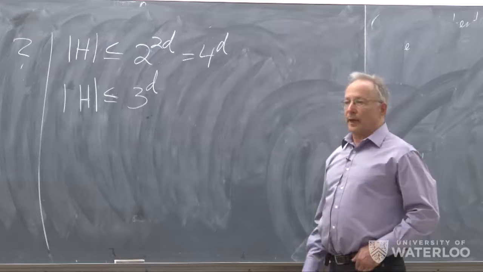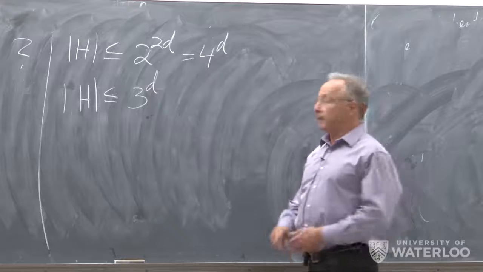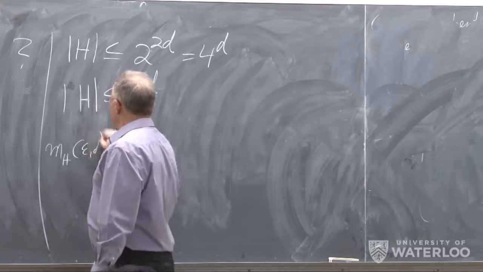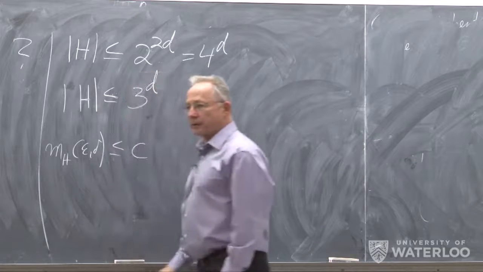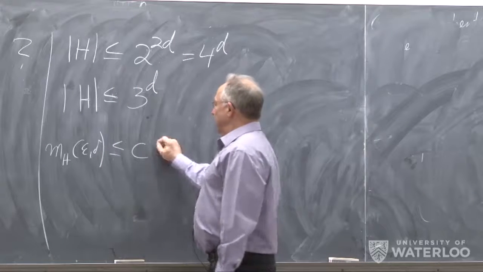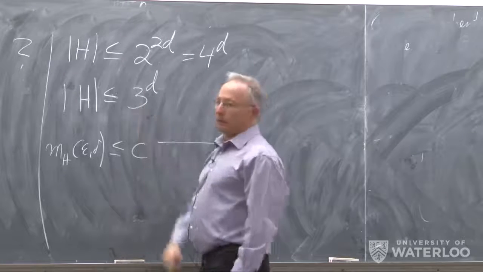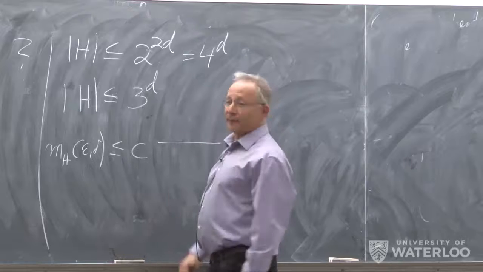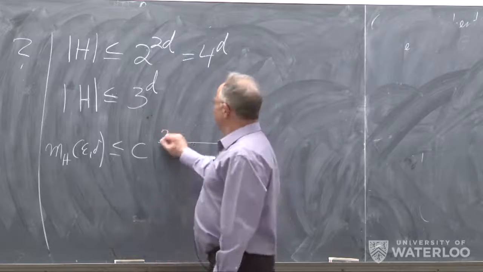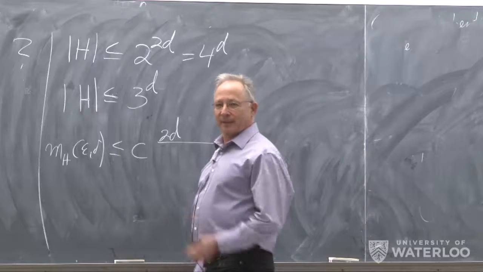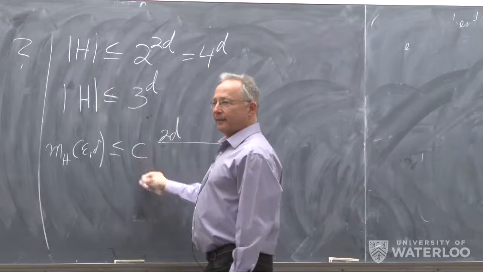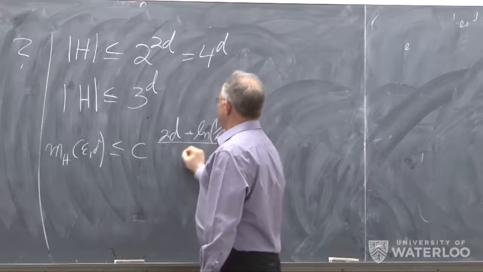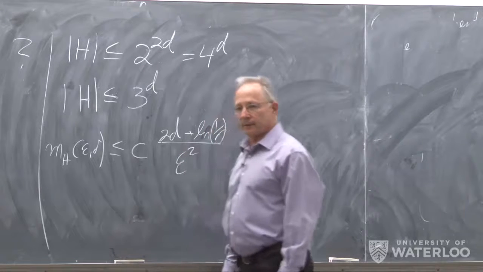And now we can bound the sample complexity. So m_H of epsilon, delta is going to be at most a constant times the VC dimension, but the VC dimension is at most the log of this size. So it's easier to take the log of this. The log is 2d, but I can just put d here because I have the constant C, plus ln 1 over delta, divided by epsilon squared.